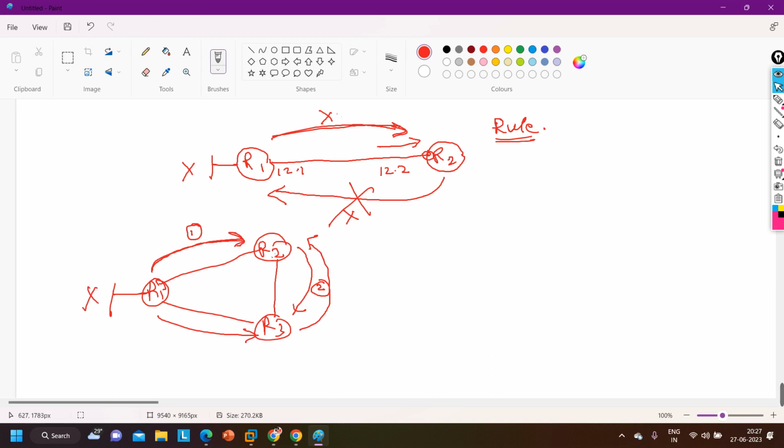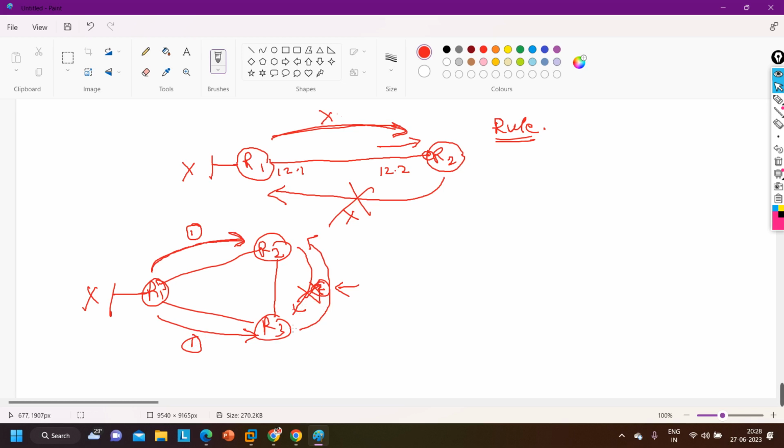So router 3 is receiving X network information from router 2 with hop count 2, and is receiving the same network information from router number 1 with hop count 1. So it will not accept it, because it has already the same network information with a lower metric.